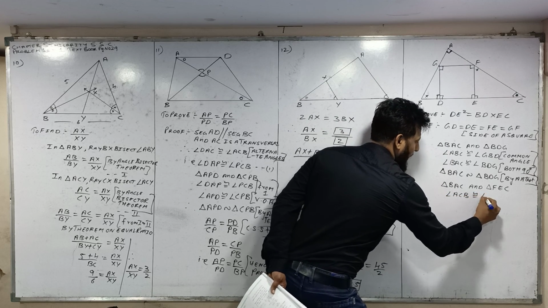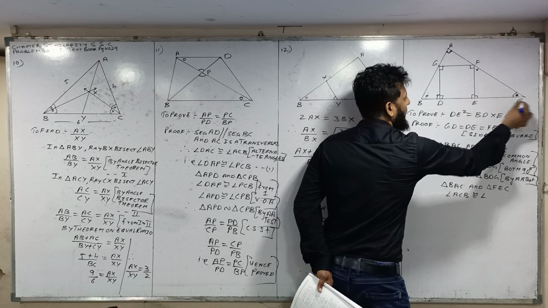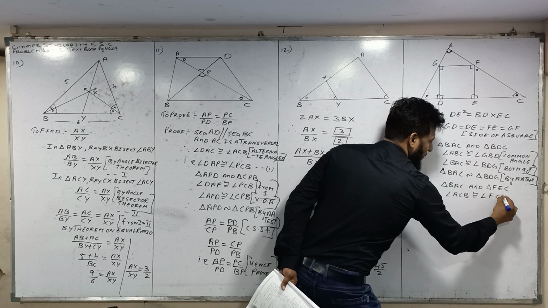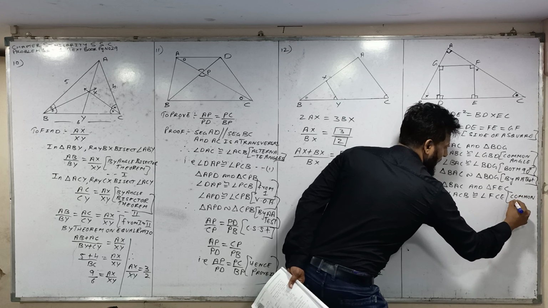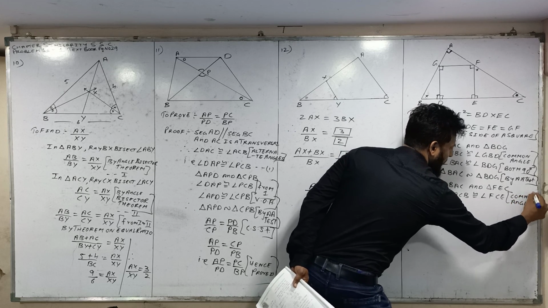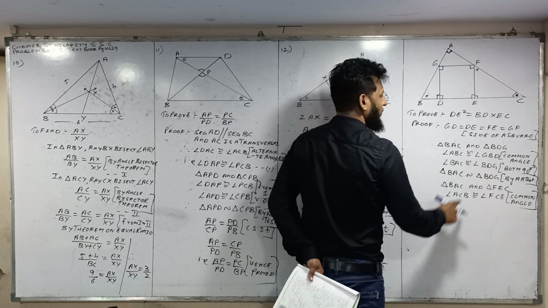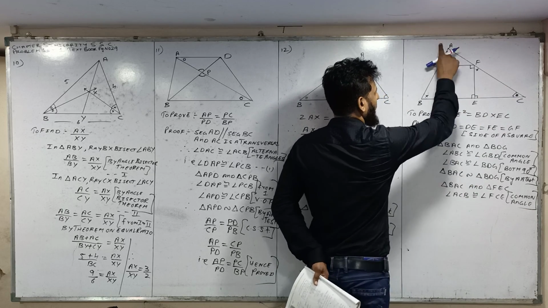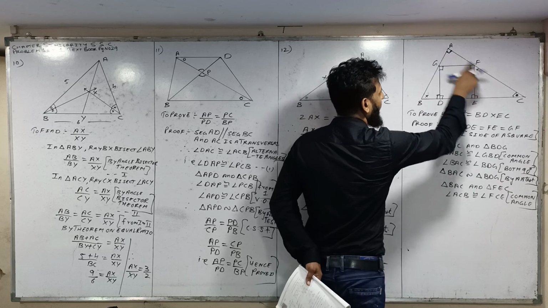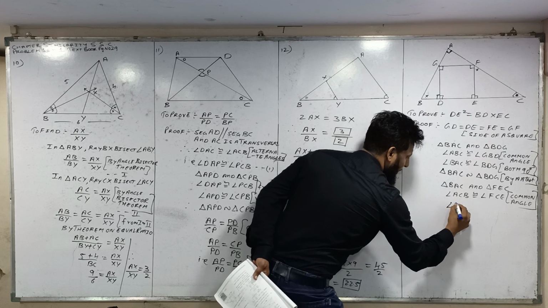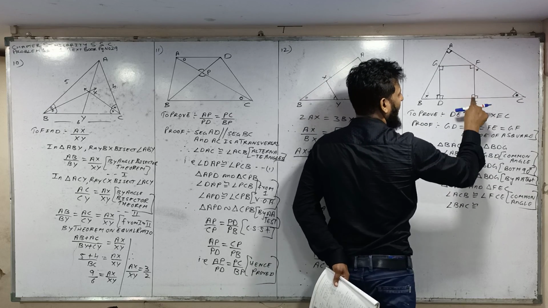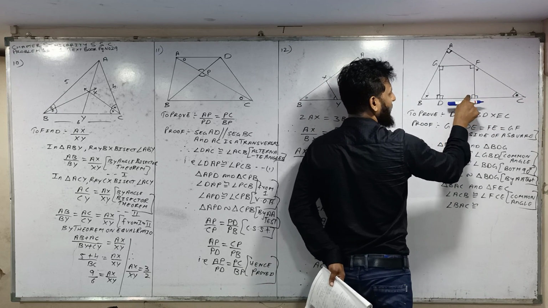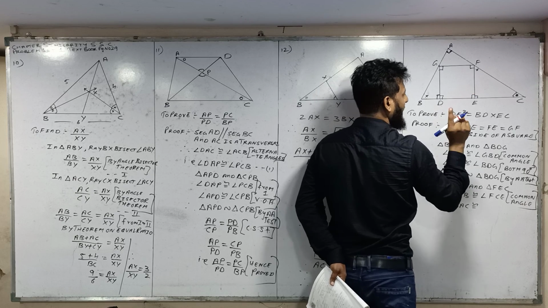B congruent to, and this triangle FCE, common angle. Okay, and both having this angle. And in this triangle BAC, angle BAC is 90 degree, and in this triangle FEC, 90 degree. When this is a perpendicular line, this angle is 90 degree.